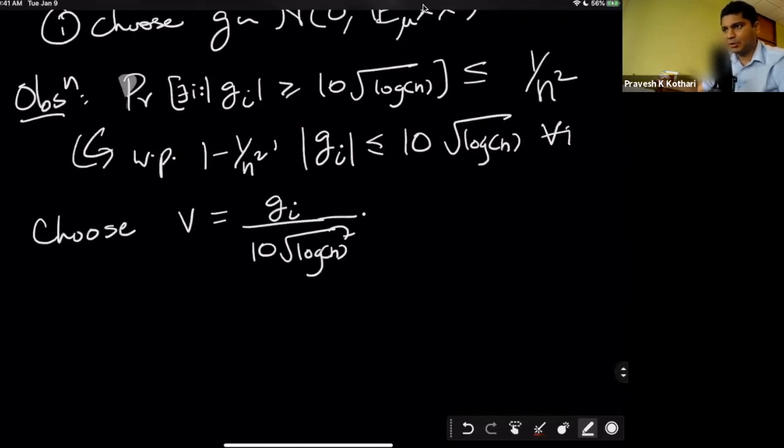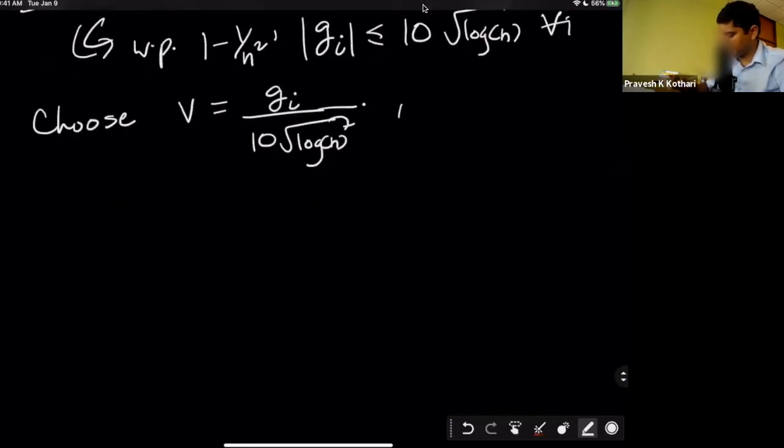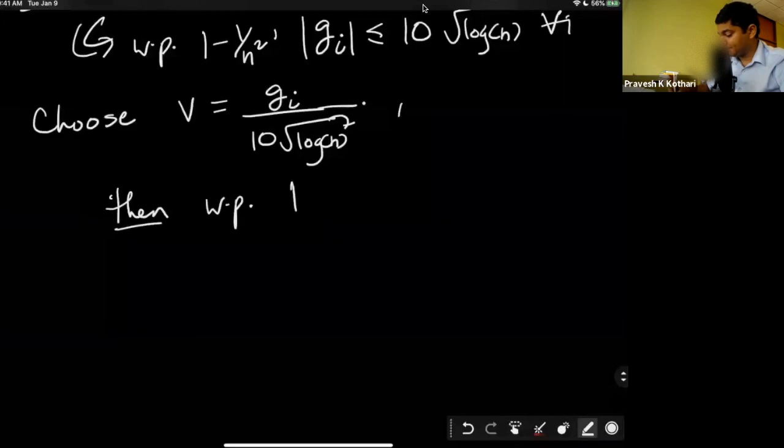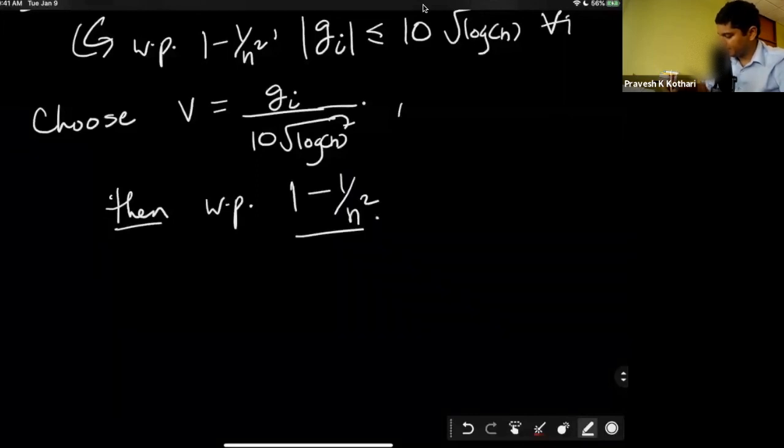Just scale it down. Then with high probability over the choice of the Gaussian G, with probability at least 1 minus 1 over n squared, v lives in the solid hypercube.